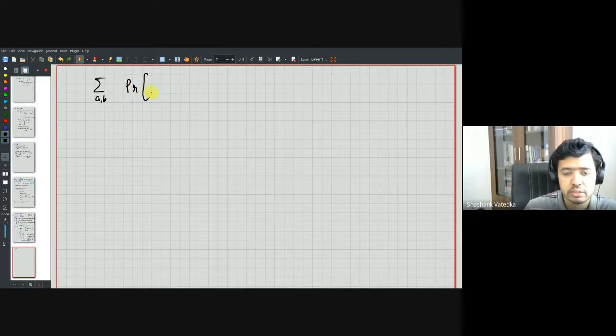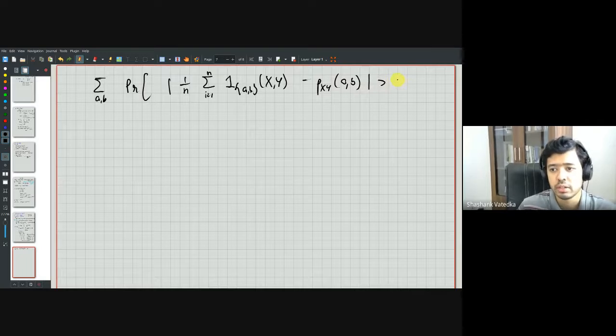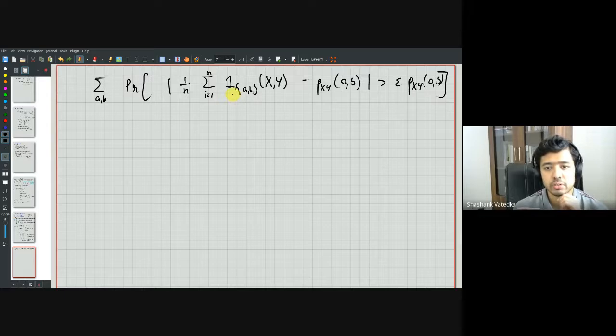What we're interested in is the term within the summation: the probability that (1/n) times the summation over i going from 1 through n of the indicator 1_{a,b}(X_i, Y_i) minus P_XY(a, b) is greater than epsilon times P_XY(a, b). Sorry, this should be X_i, Y_i.